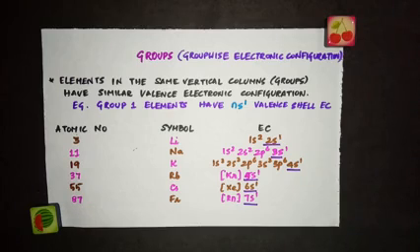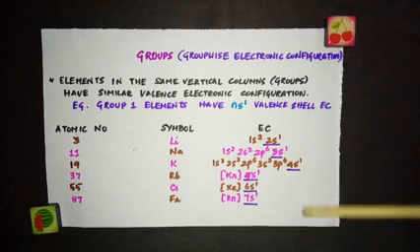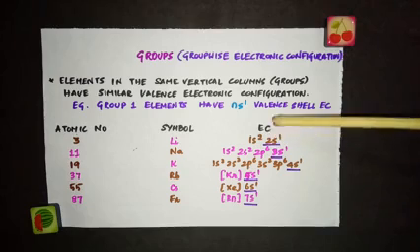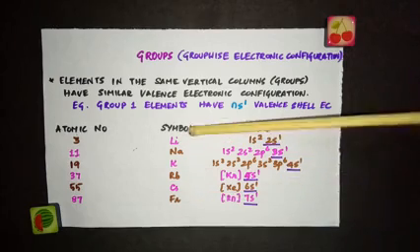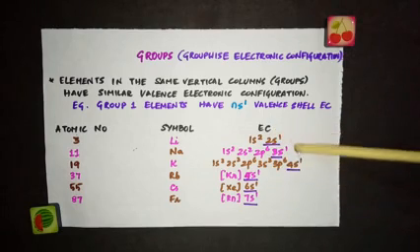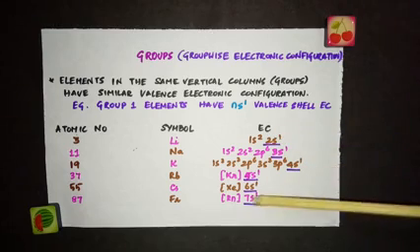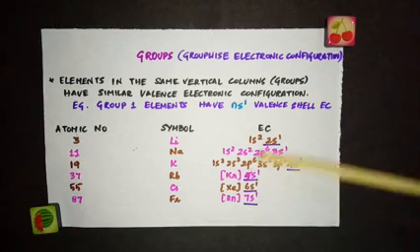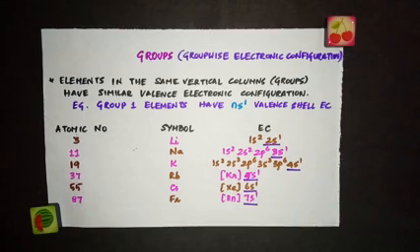We have already seen that these similarities arise because these elements have the same number of electrons in the outermost shell and the same distribution of electrons in the outermost shell. Just now we saw the example where each has 1 electron in the outermost shell, and all the electrons are present in the s subshell only.